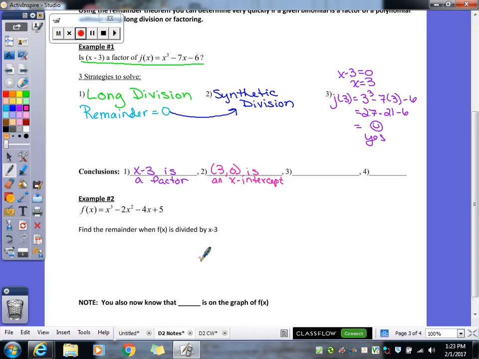There it is. X equals 3 is a root or zero. And then the last thing we know is that j of 3 equals 0. If we plug that value in, we get a 0. So those are the 4 conclusions we can draw.